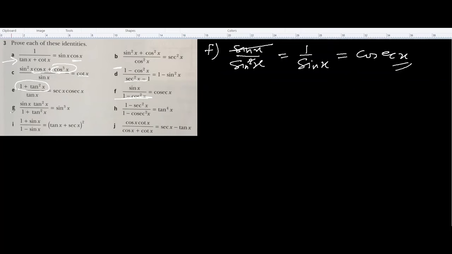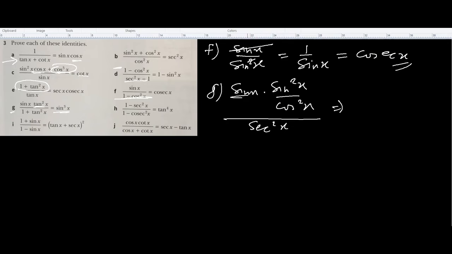Alright, G. Sin x tan x square, okay, and we want sin cube. That means again we'll have to convert sin square on LHS to sin over cos. So G will be sin x multiplied by sin square x over cos square x divided by 1 plus tan square x is secant square x.